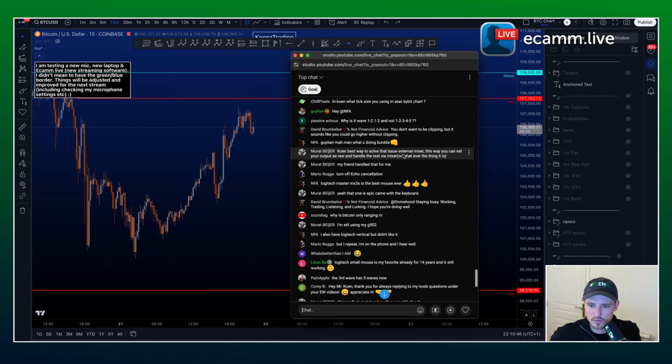Koen, best way to solve the issue: external mixer. This way you can set your output as raw and handle the rest via the mixer. Murad Besser, I do have the Streamer X here, which is not a full mixer. Test. Oh, it's quiet now. Okay, wait. I'm turning it up. Sound went from 10 to 1. How's this?